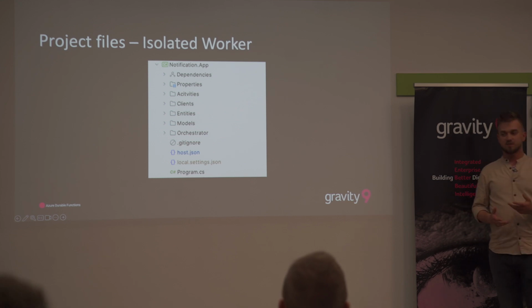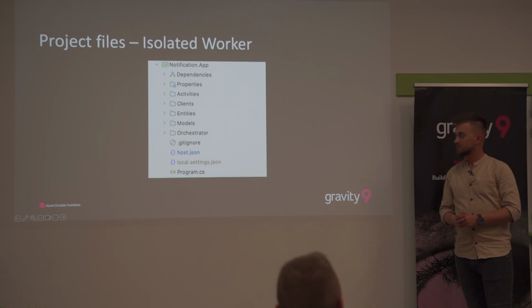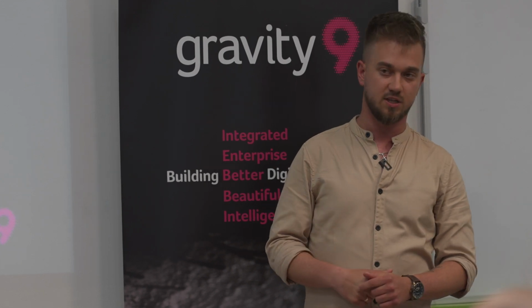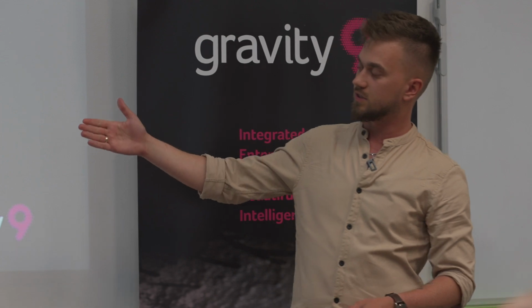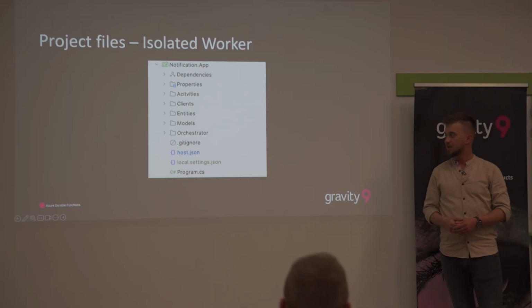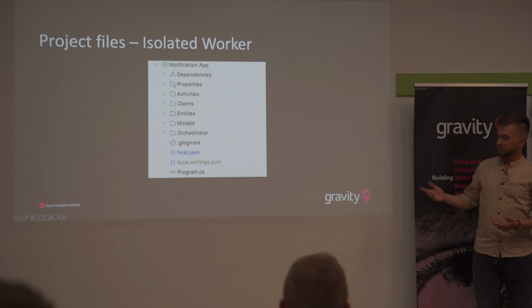There are differences in the implementation. The isolated worker, first of all, gives you out-of-the-box dependency injection without any additional configuration, because it comes with the program.cs file that allows you to configure DI as you do in a standard .NET application.